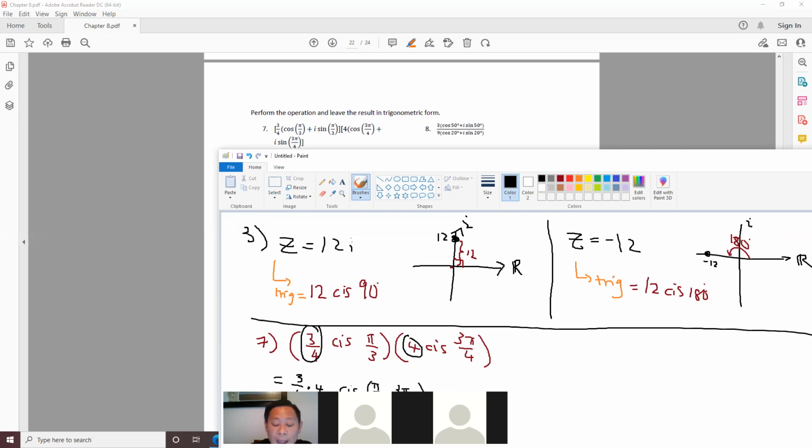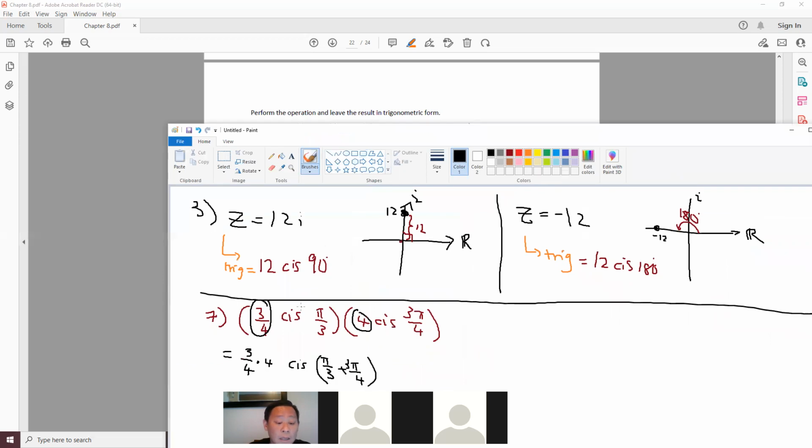So this is what happens for multiplying: you multiply the moduli and then you add your angles together. So anyone know what is 3 over 4 times 4? Three.